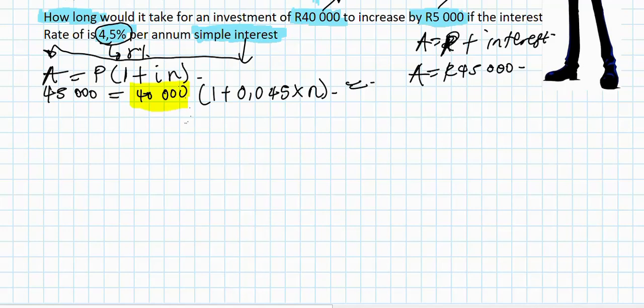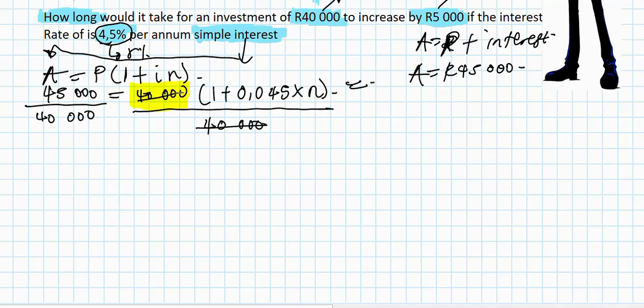How you solve it is really up to you. There's no one way to solve this, but I would rather deal with this 40,000 and get it out of the way so I can open my brackets. So divide by 40,000. I'll also divide this side by 40,000. Remember, what you do on the left, you also do on the right. So now this 40,000 will remove this 40,000, and these 3 zeros will remove these 3 zeros. I'll be left now with 45 over 40, which I can simplify, but I don't have to.